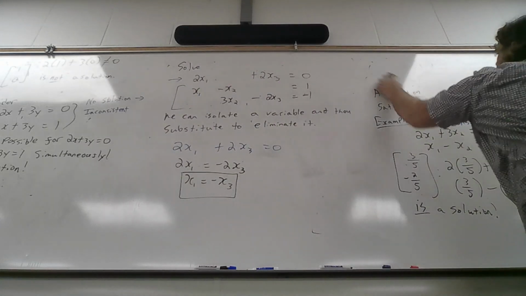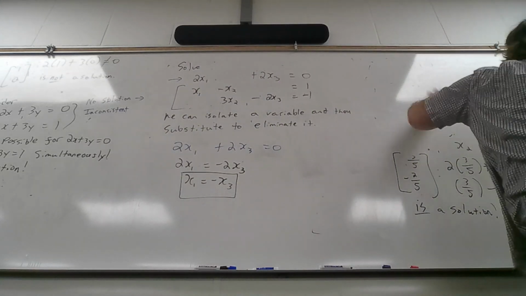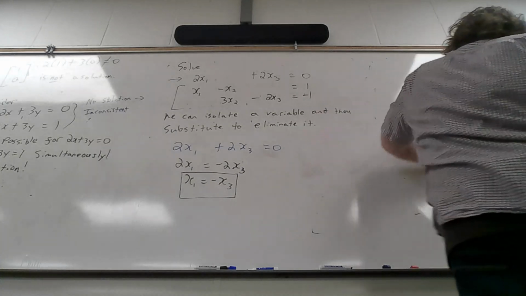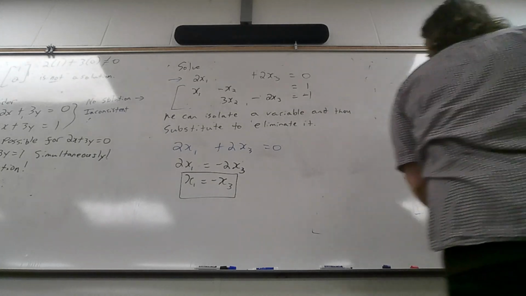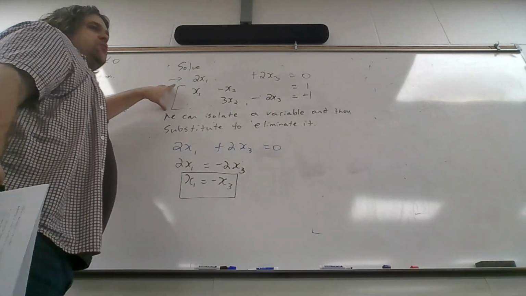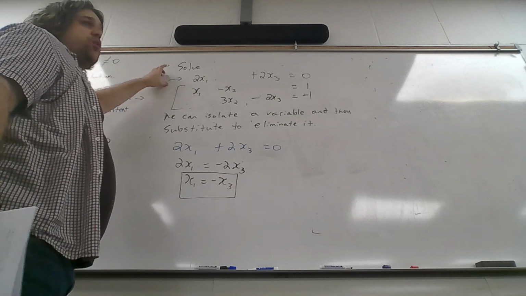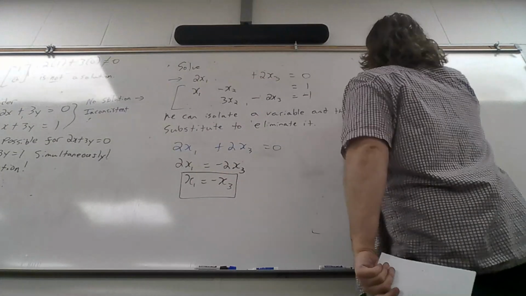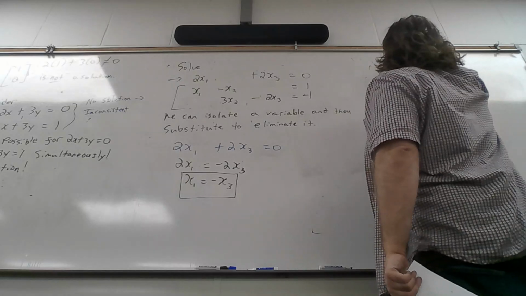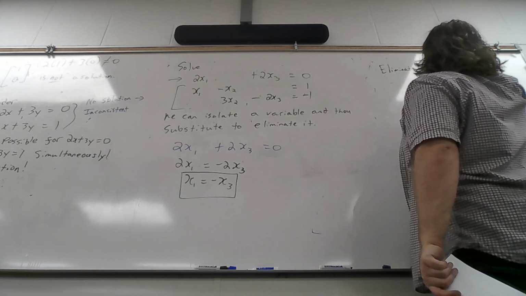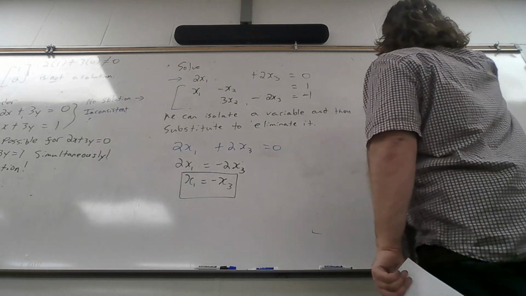Now, what does that really do for us? Well, it gets rid of a variable. And it kind of gets rid of an equation too, because we just used this first equation to get rid of a variable. So we just have these two left, right? We've already used this one. So now we just need to use these two. So we can eliminate x1 from the remaining two equations.